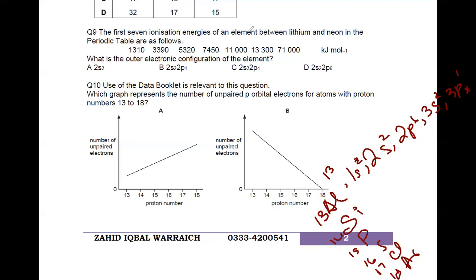Khadija, what's going to be the electronic configuration for silicon? 1s2, 2s2, 2p6, 3s2, and 3p2. Tell me as x, y, z: 3px, 3py, and 3pz.